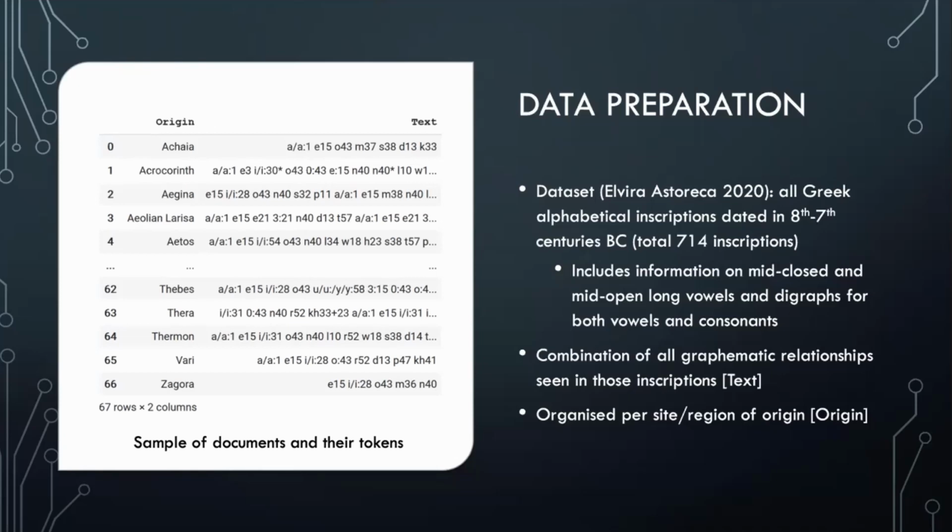Even though it might be useful for other applications, in this case, the documents that I parsed through the TF-IDF vectorizer were not the individual inscriptions, but the combination of all graphematic relationships seen in a specific archaeological site, or where these cannot be traced down, the region of origin of an inscription.